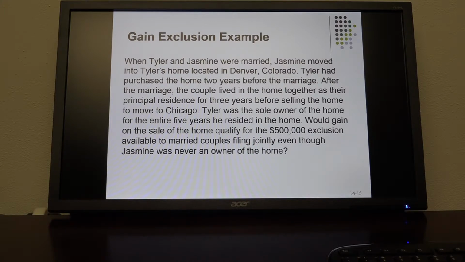Yes, because only one of the taxpayers has to meet the ownership test, but both have to meet the use test in order to qualify for the full exclusion. Now, understand that this exclusion is the maximum amount you can exclude. Now, let's say this couple bought the home, what, 5 years ago?